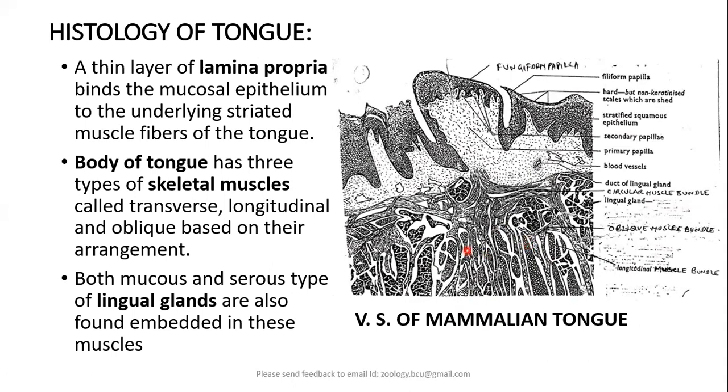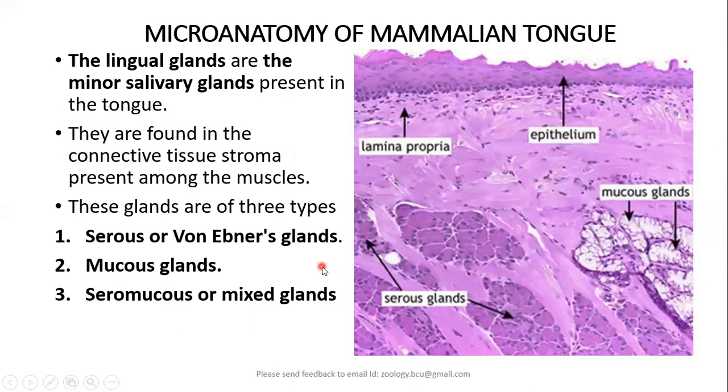And in between these muscles, we are able to see very clearly both mucus glands and serous glands. These glands, which are present in the muscular layer of the tongue, are called lingual glands. These lingual glands are nothing but the salivary glands, but they are minor salivary glands.